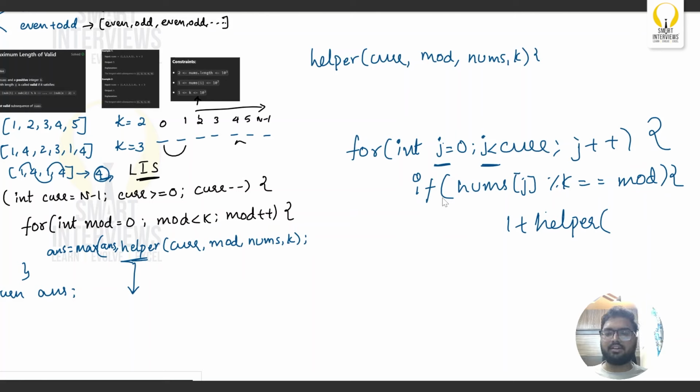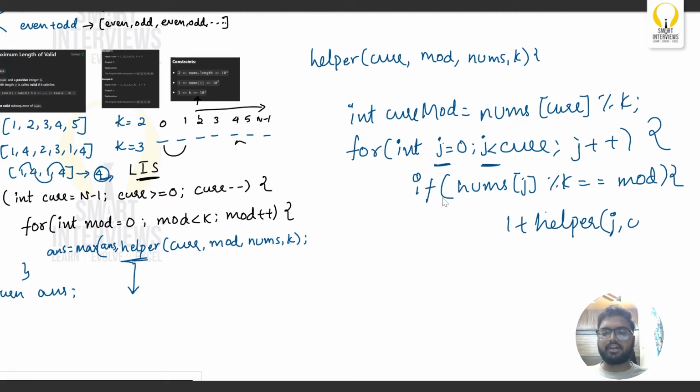So your modulus, you'll be having the current index, that will be j, and whatever the modulus you're having, so your current mod will be nums of current mod k, right? That will be your current mod, and you will be passing the rest of the parameters here.